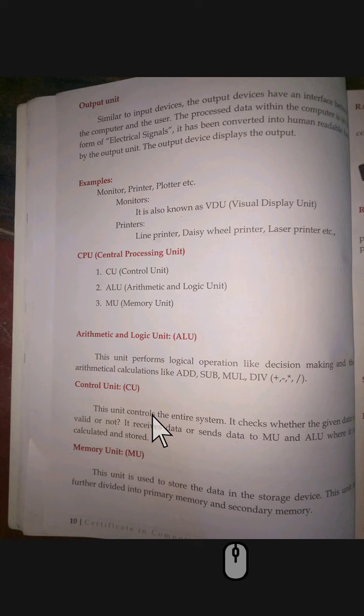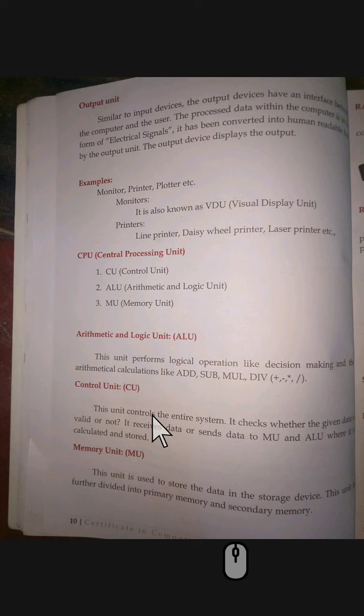It sends the data to the memory unit and the ALU where the calculations are stored. The control unit only tells where the data will be stored and where it will be processed. We already saw in the earlier picture what the arithmetic logic unit is.